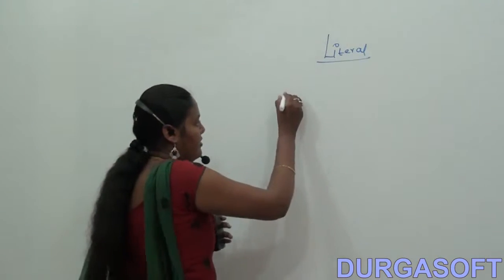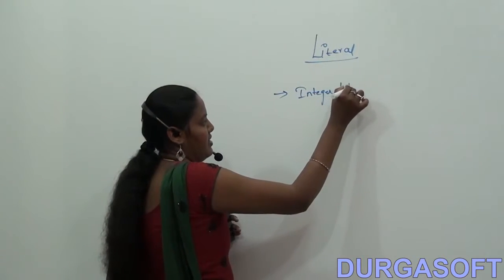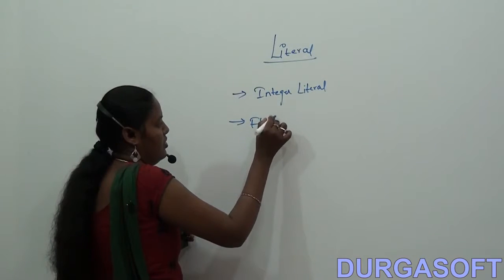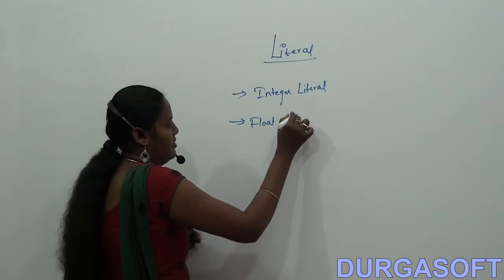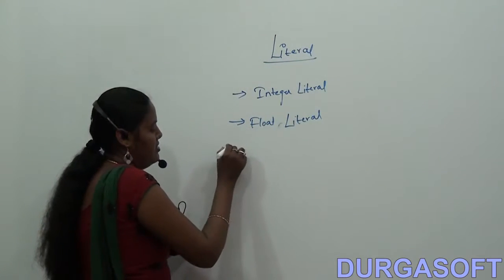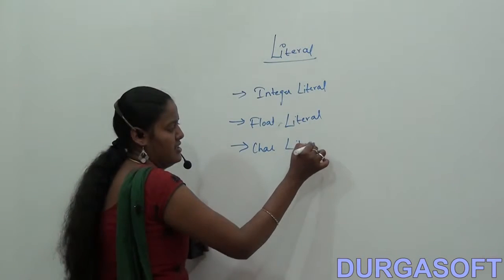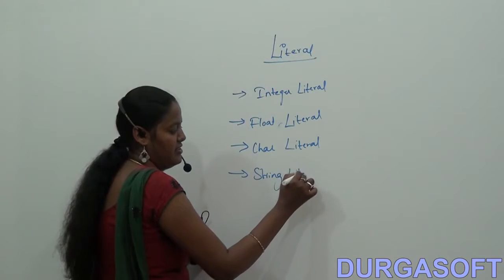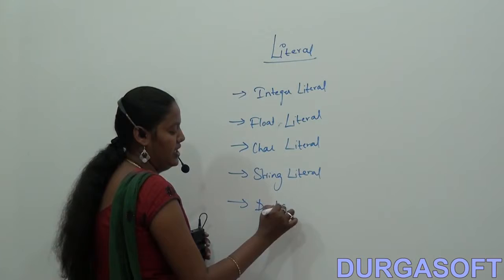Here we have different types of literal. Let us say here we have integer literal, floating literal, float literal, char literal, string literal, and boolean literal.